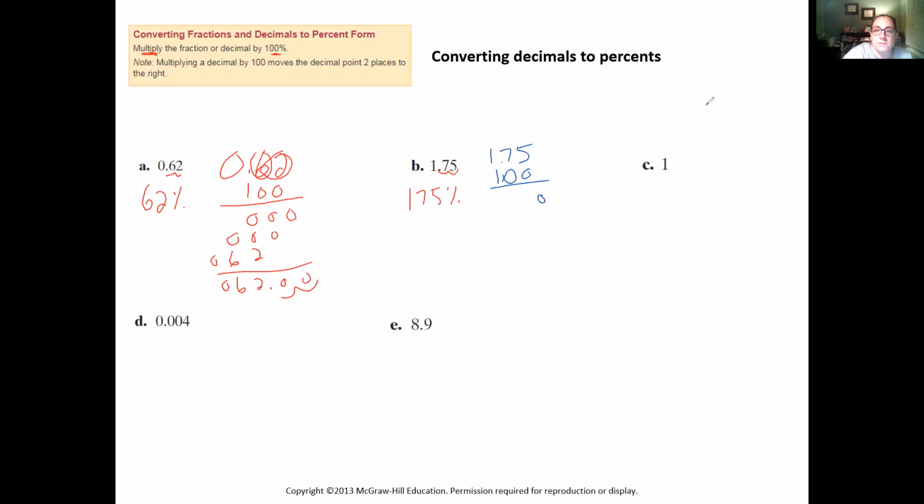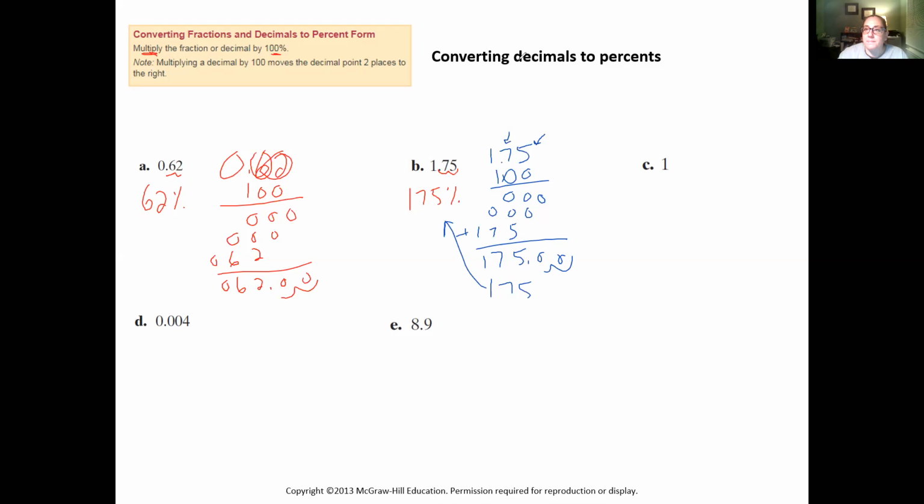So we get 0, 0, 5, 7, 1. And then we count how many decimals. So there's 1, 2. So I'd go 1, 2, and it would be 175, which is exactly what I got. All right, so the trick does work. It's a lot easier.